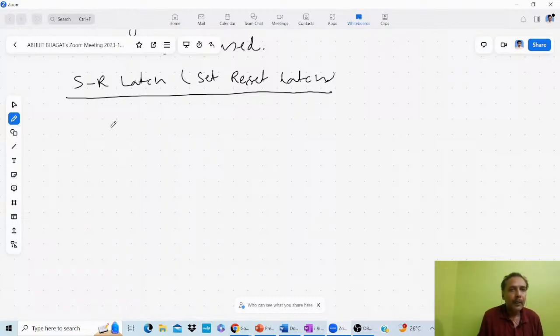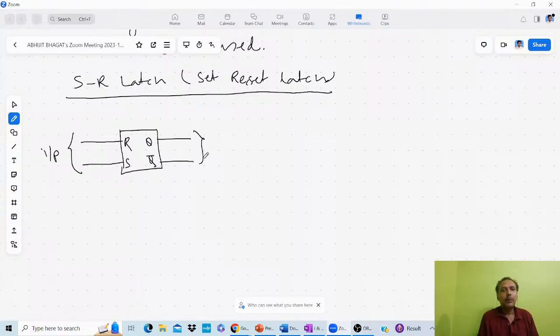So here, in case of the SR latch, there are two inputs, R and S. This is the input side. Two inputs are there, and two outputs are there, Q and Q bar. This is the output.